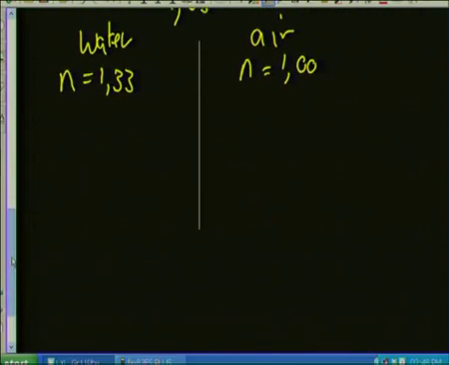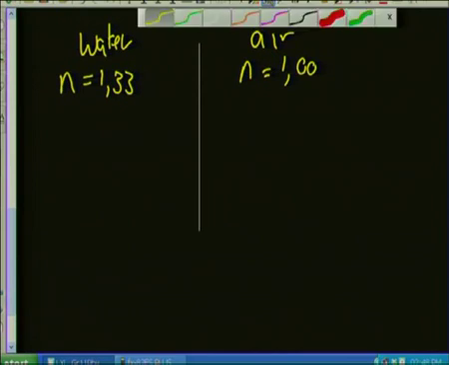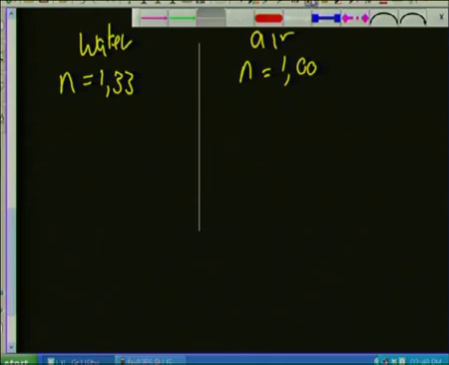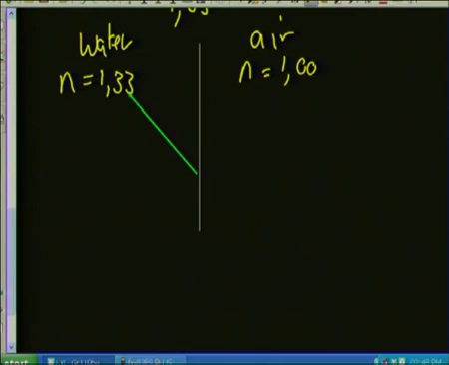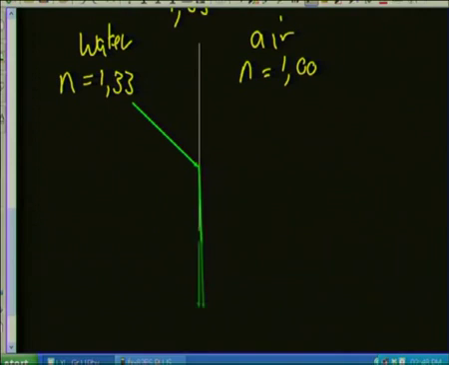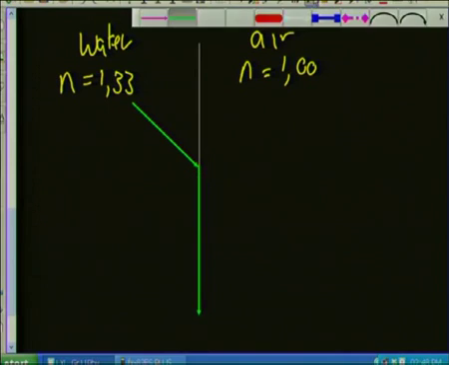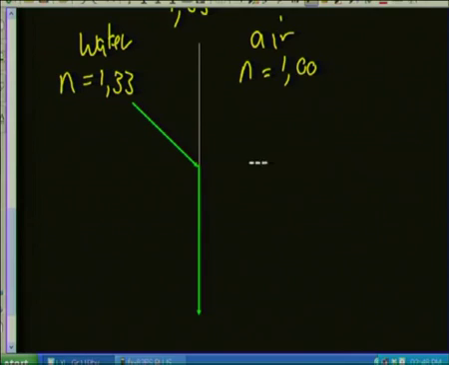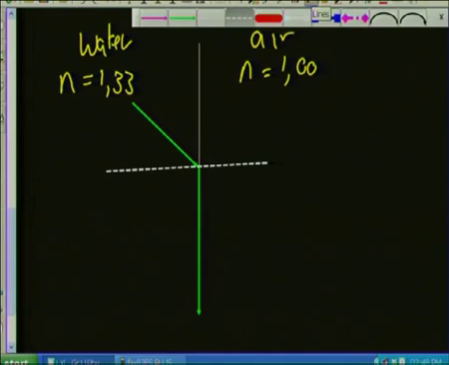So what we want to know is the size of the angle of incidence. Let me redo that because I drew it the wrong way. The angle of incidence when the angle of refraction is 90 degrees. So let's put the normal in so you can measure this and you can see it very clearly. This is going to be known as the critical angle.